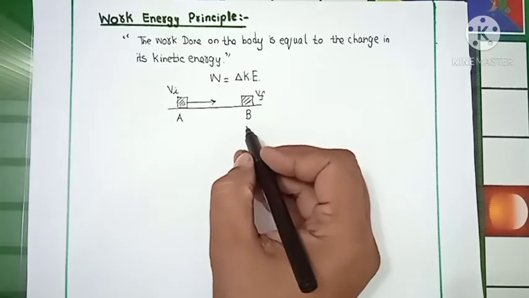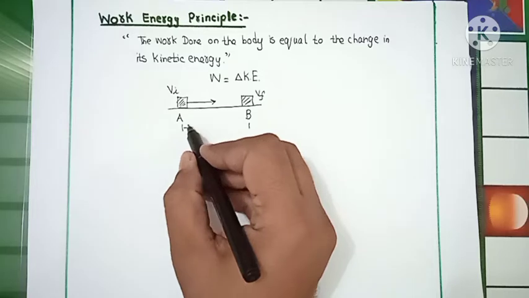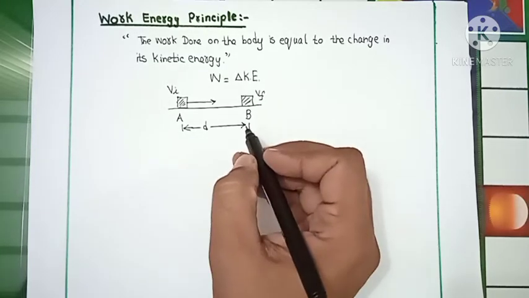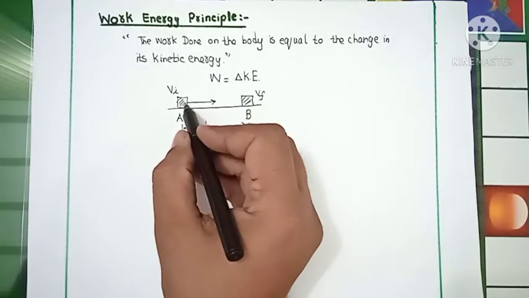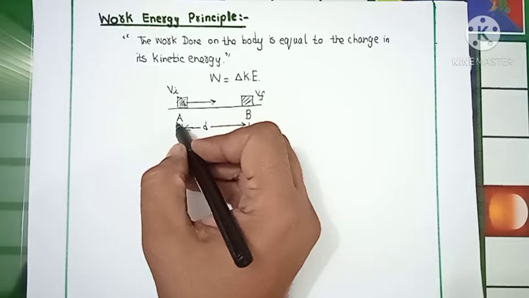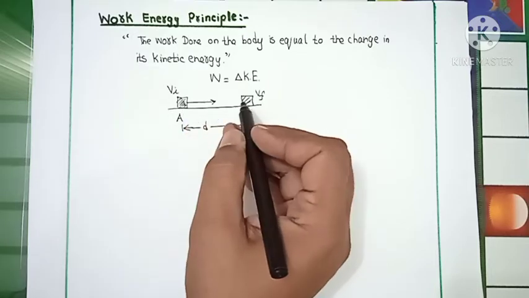The distance covered by the body from A to B is represented by the letter D. A force acts on the body and changes its position from A to B.